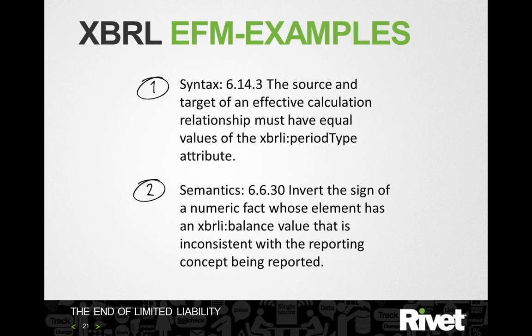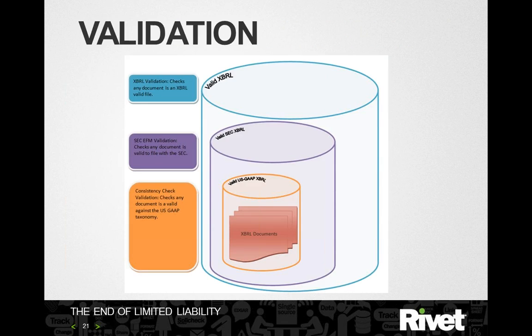If you had accumulated depreciation on your balance sheet and it was represented negatively with brackets around it, but the element had a balance type of credit, as Campbell talked about with the negative values, you'd want to make sure that you enter this value as a positive in the instance document so that it's properly reflected as a credit. And so there's some human input a lot of times involved with some of these, and not all the EFM validation tools are going to catch these types of items.